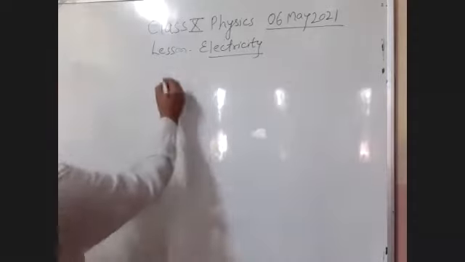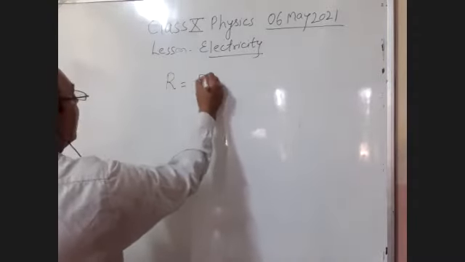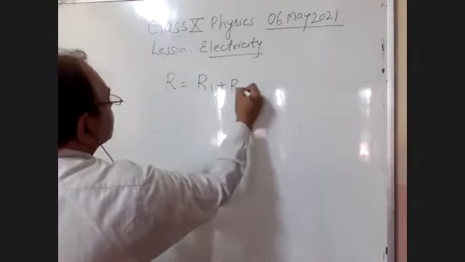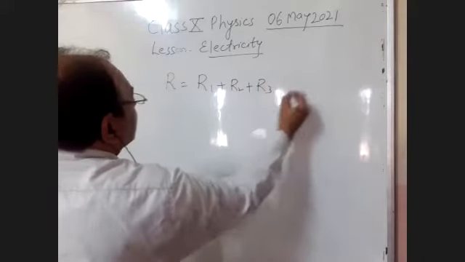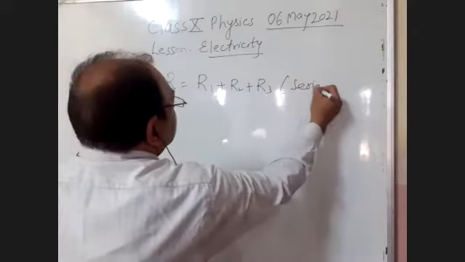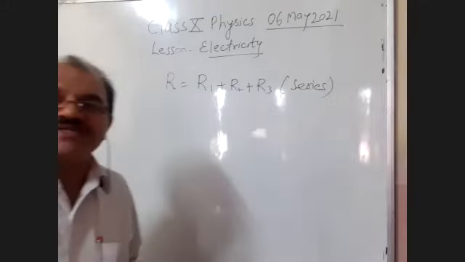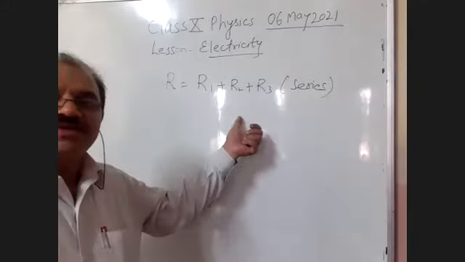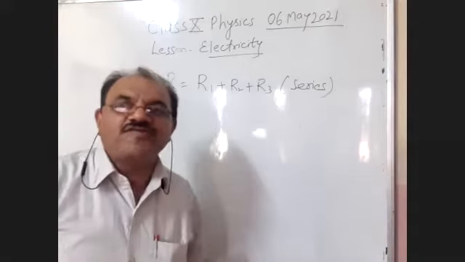Now, students, when they are connected in series, R is equal to R1 plus R2 plus R3. This is the series combination of the resistance.